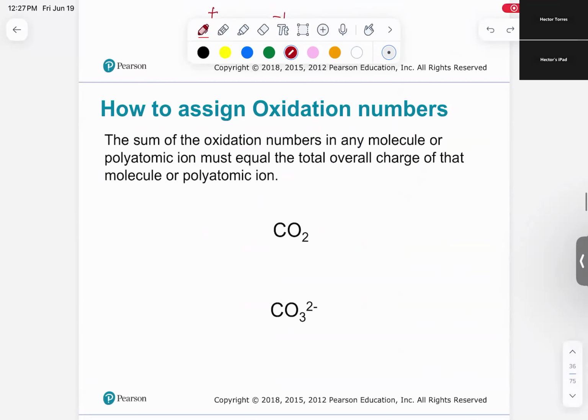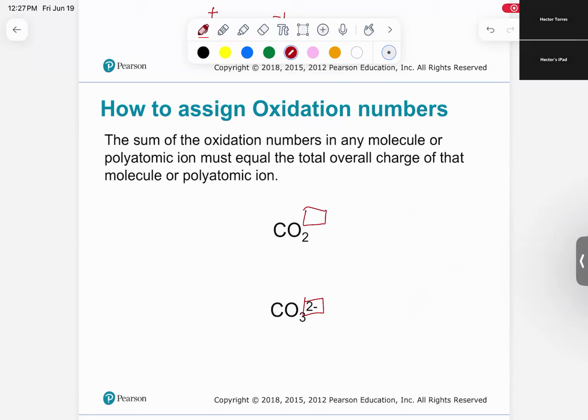Now, next one is the sum of oxidation numbers in any molecule or polyatomic ion must equal the total overall charge of that molecule or polyatomic ion. On this one here, we have CO3 2 negative, and over here, we have CO2. So we have to take this charge into account whenever we are trying to balance.